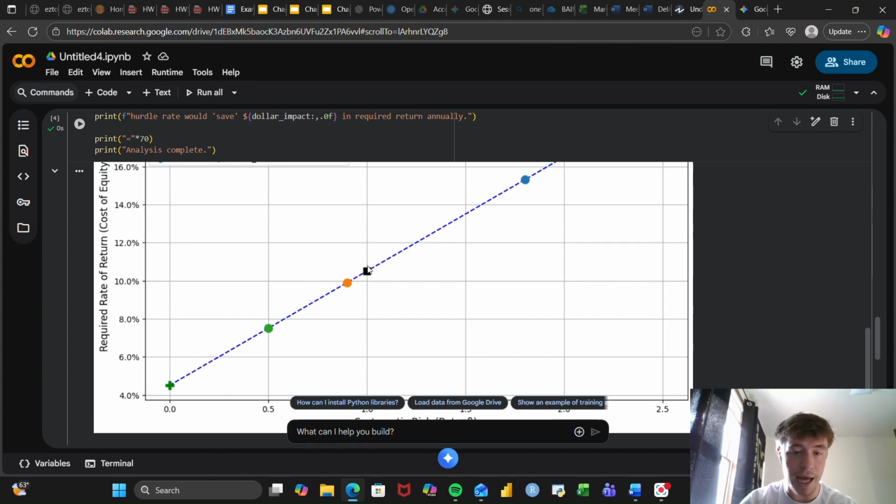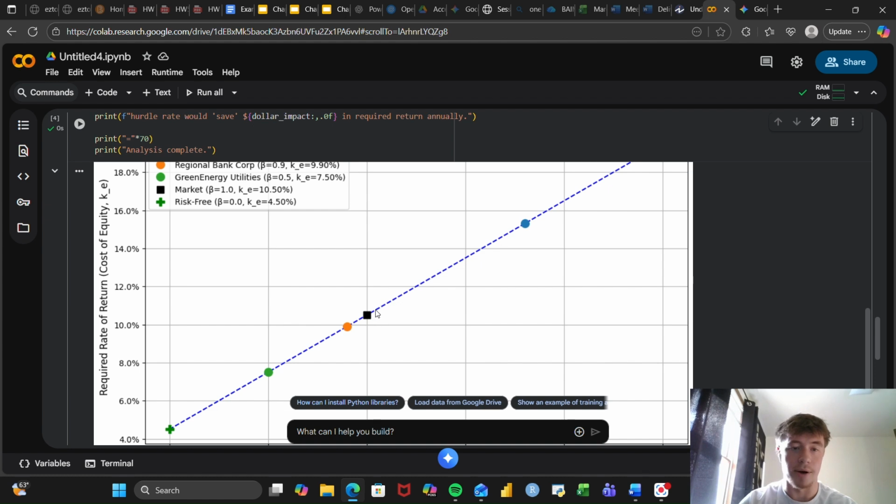And then this black dot right here is our market. So we said the S&P 500 expected returns were 10.5%. So that is what that is right here. And then just looking at that, we can see it graphed our required rate of return based on the volatility score right here. So this is CloudTech, this is Regional Bancorp, and then this is Green Energy Utilities.